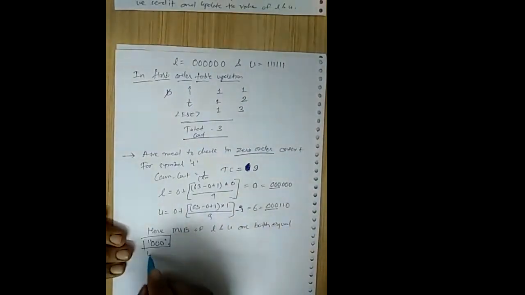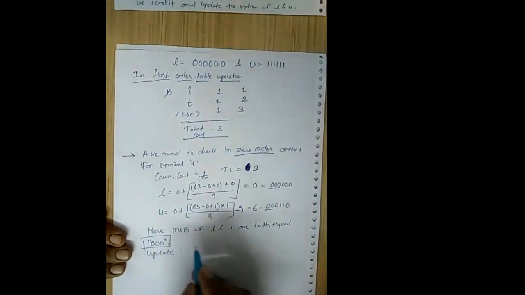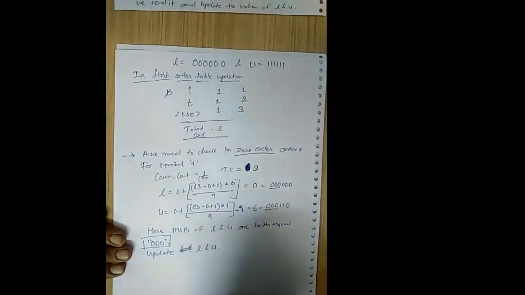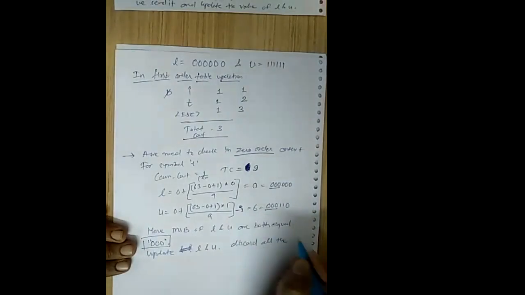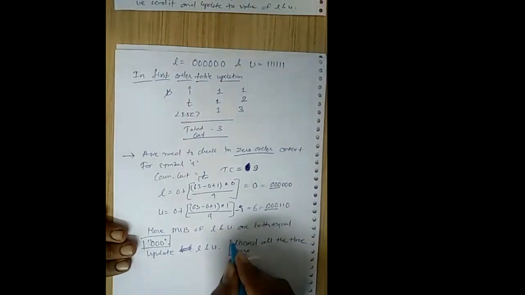Next step is that update L and U and discard all the 3 0. How?